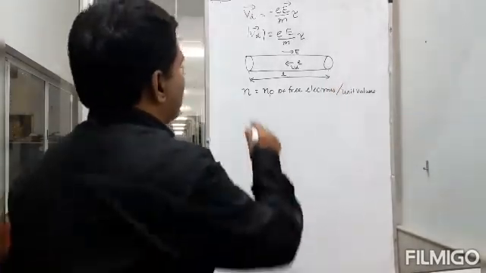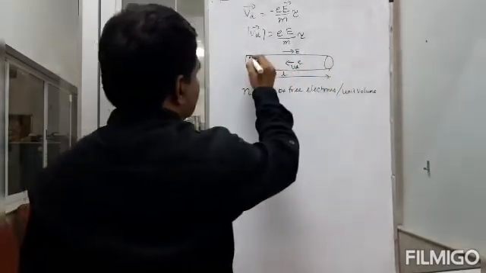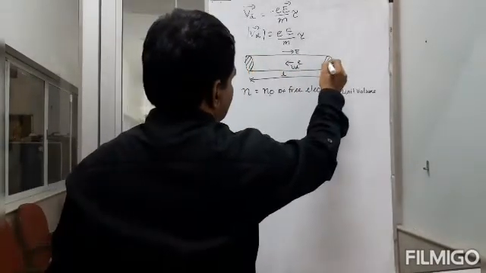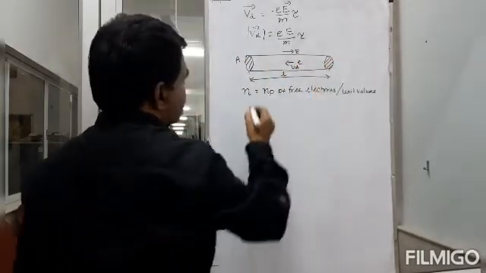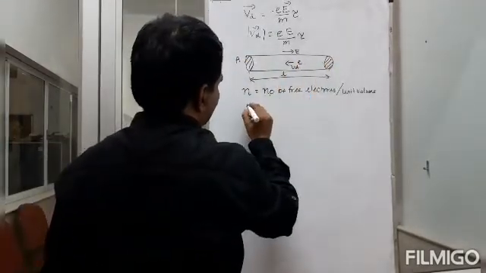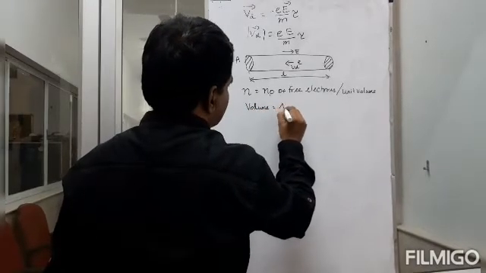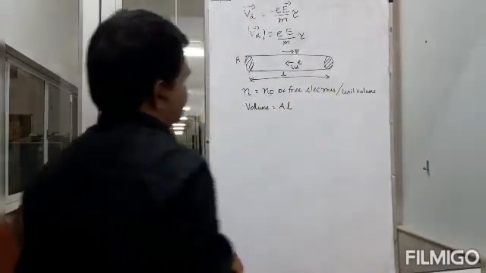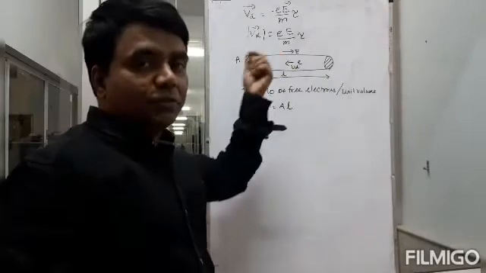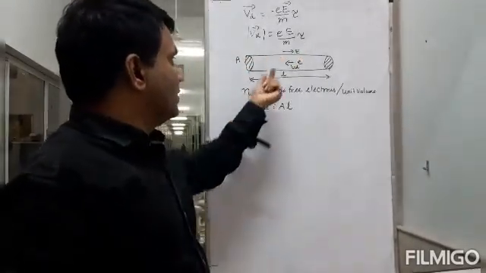Then how many electrons will be in this volume? Suppose the cross-sectional area is A. So what's the volume of this? The volume is equal to the cross-sectional area A times the length L of the conductor. So how many charges are there in this volume?